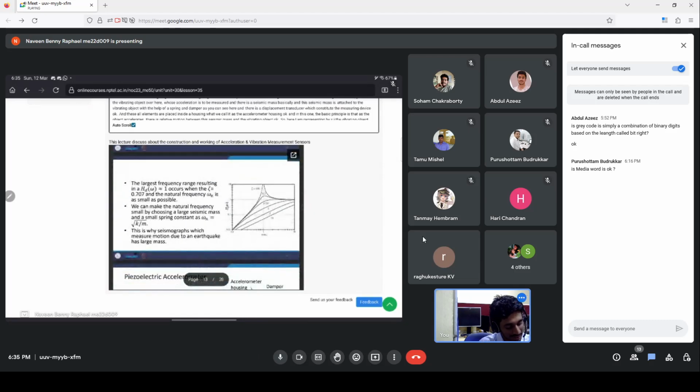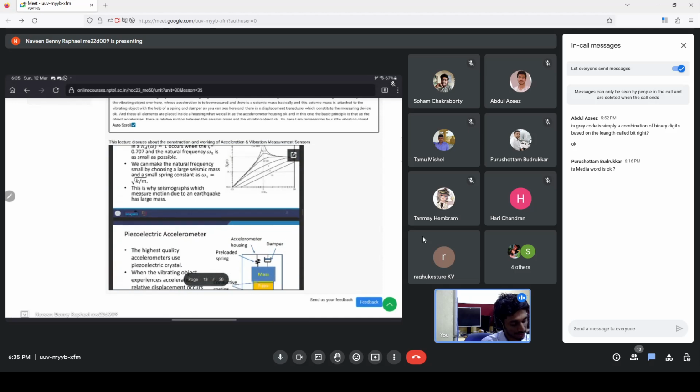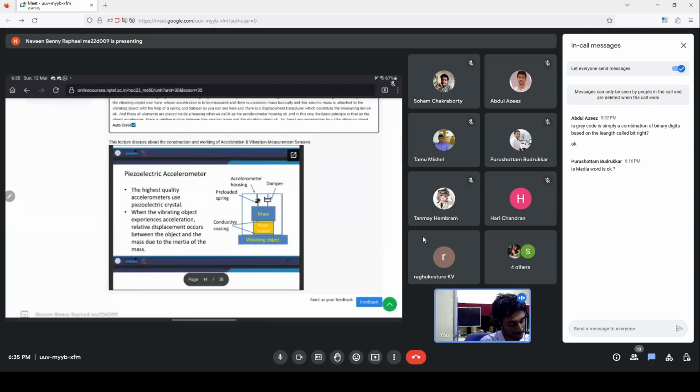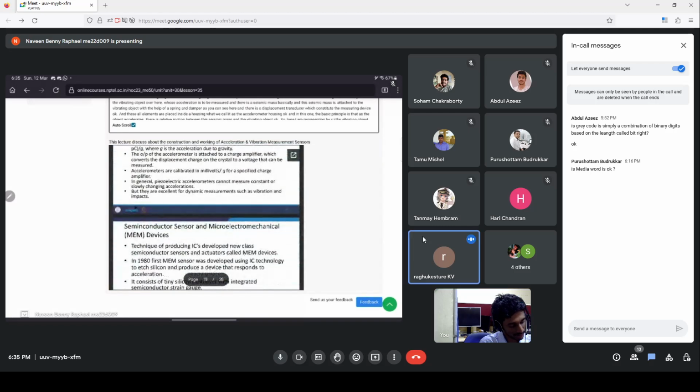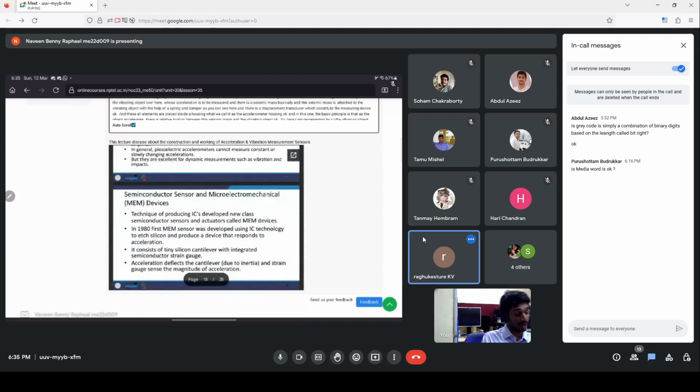So that's the premise of the accelerometers. Now, micro electromechanical systems are very useful, and they are used practically everywhere in present modern mechatronic systems.